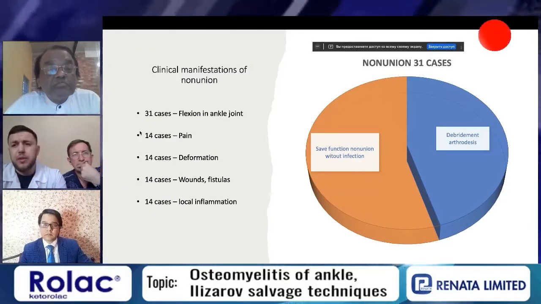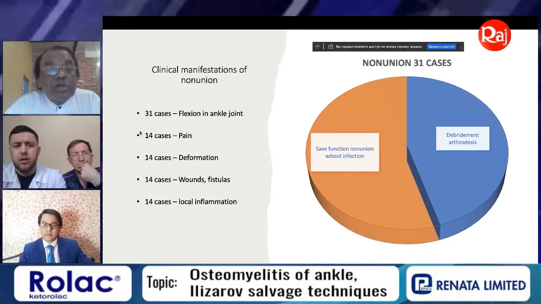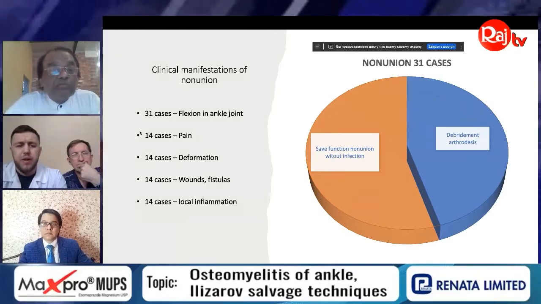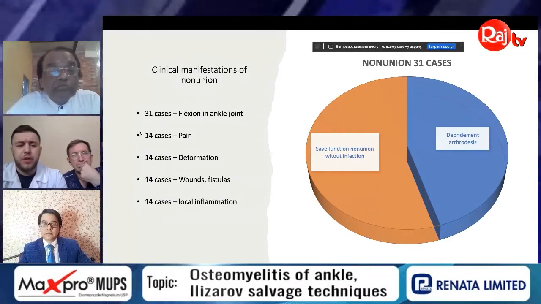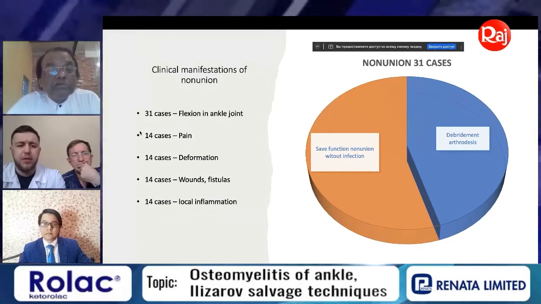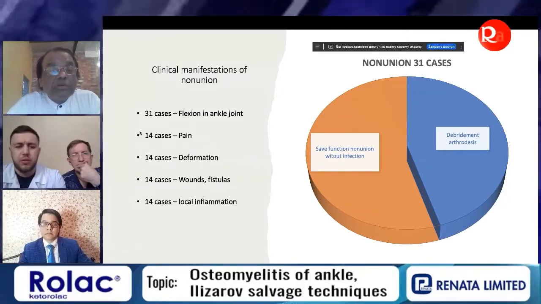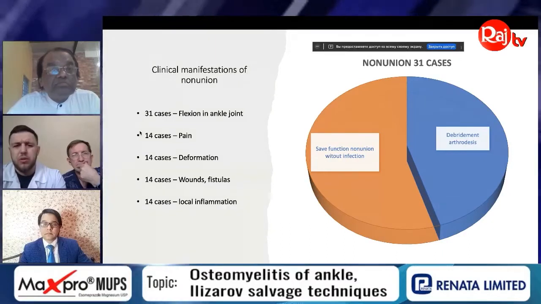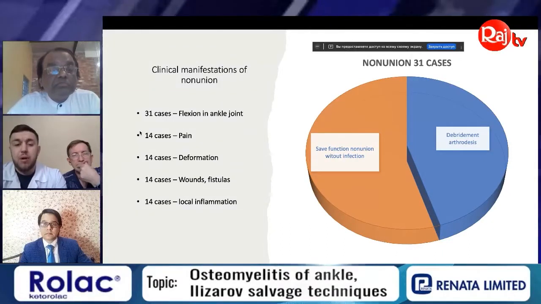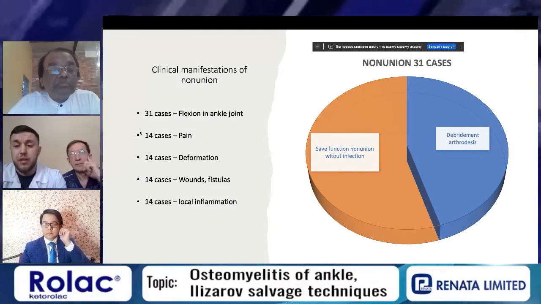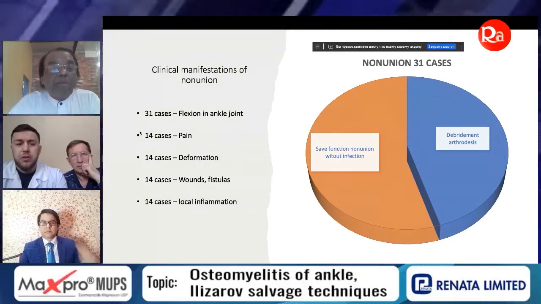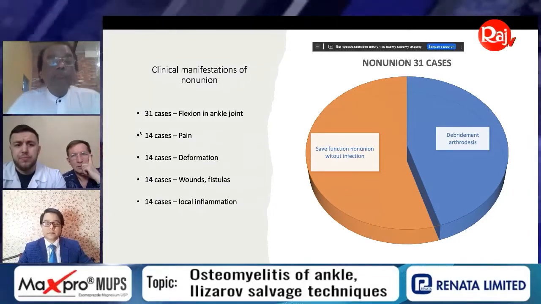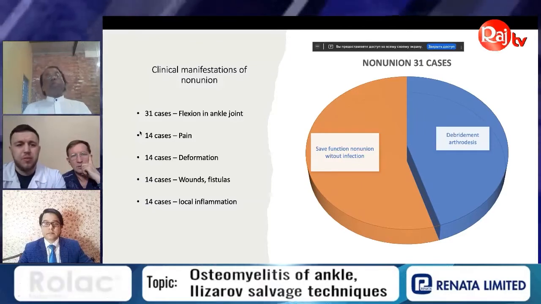When we analyzed all the cases, we found that only in 14 cases there was pain, deformation, wounds or fistulas, and local inflammation, that is, recurrence of infection. But in 17 cases, patients did not have those manifestations.